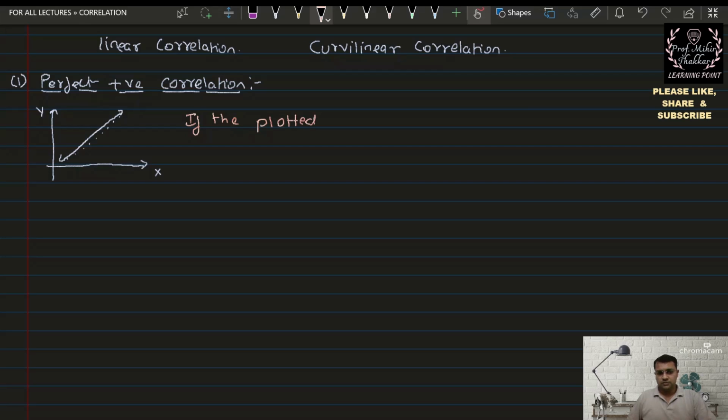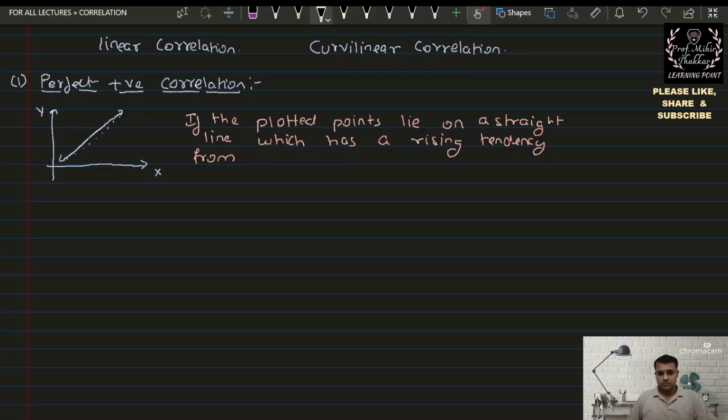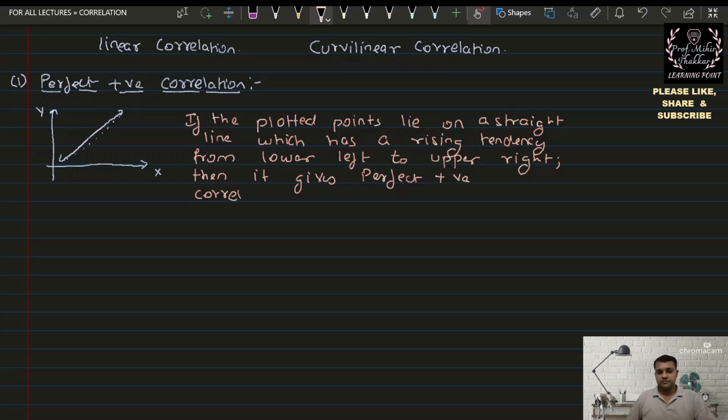If the plotted points lie on a straight line which has a rising tendency from lower left to upper right, then it gives perfect positive correlation.